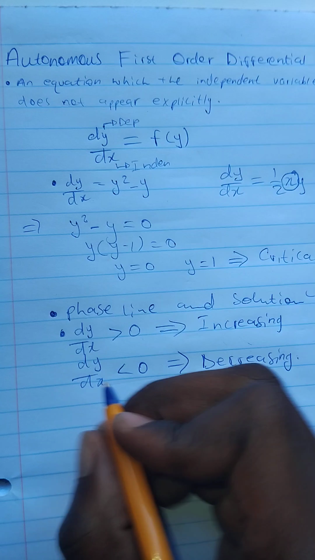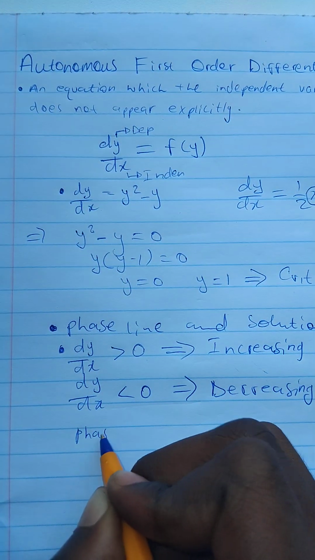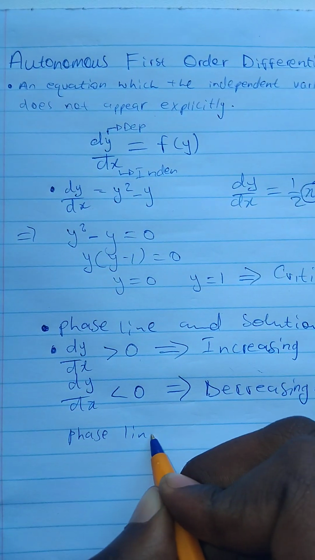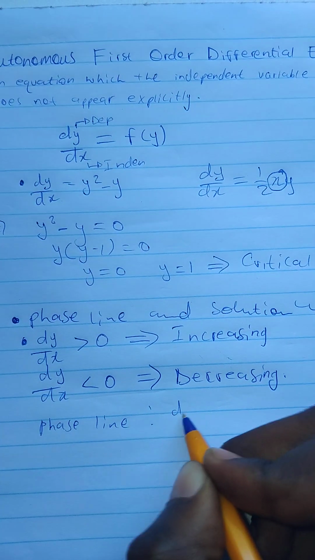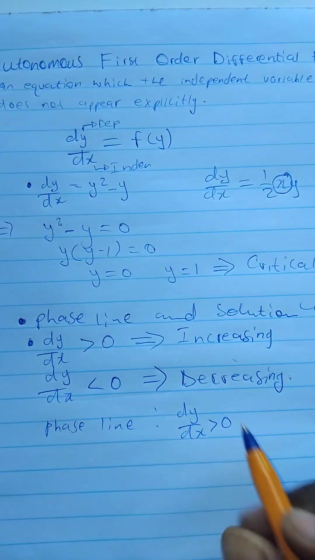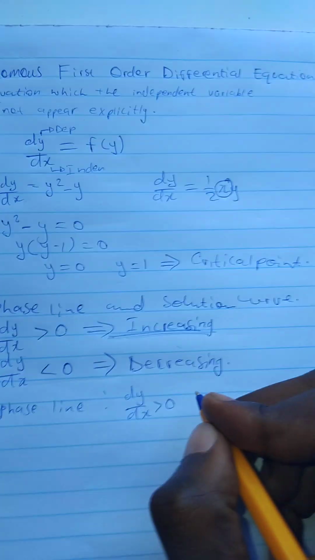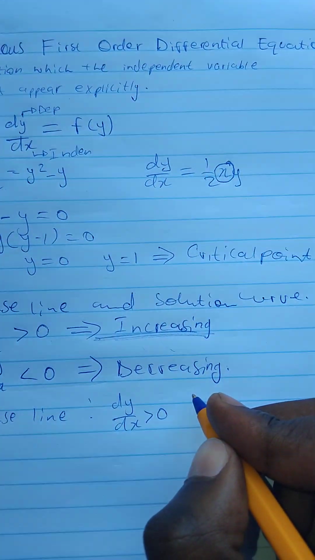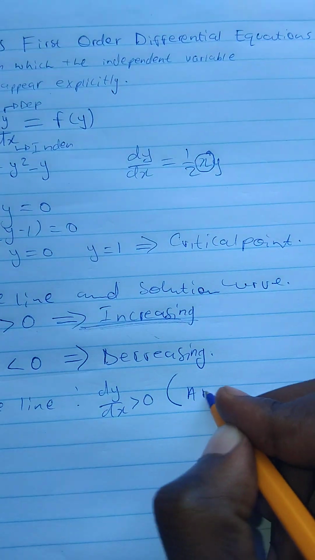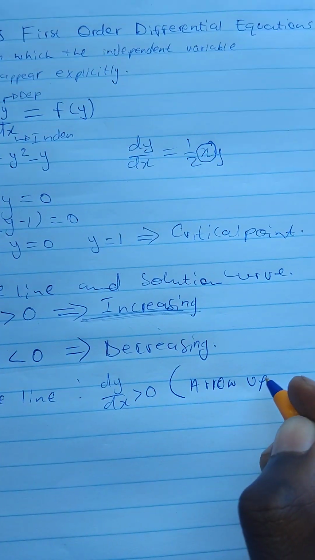So now for the phase line, if we have the same cases, I'm just rewriting the same thing again. In the case where our function is increasing, we're gonna have our arrow facing up.